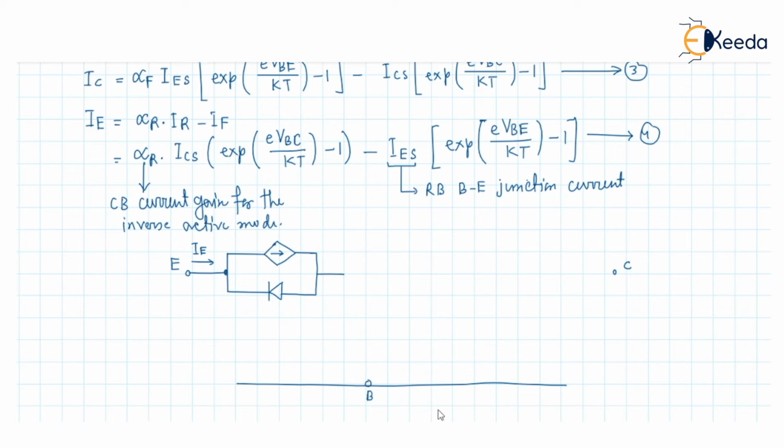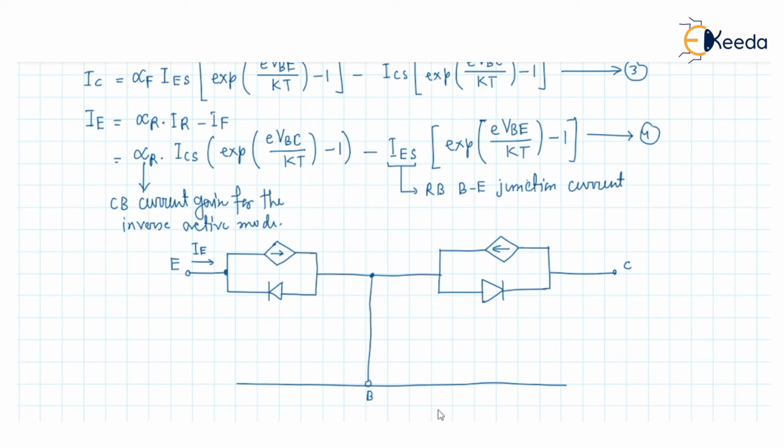Similarly, we draw a dependent current source at the JC junction, and a diode at the JC junction connected to the collector, and the base terminal is connected to this point like this.